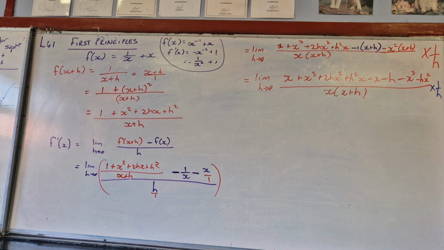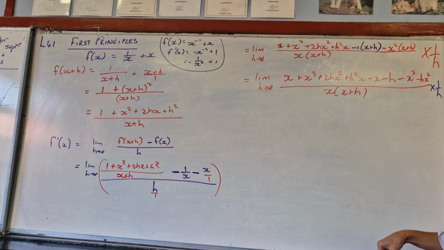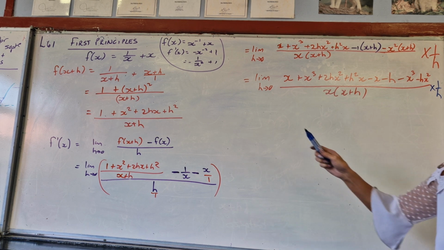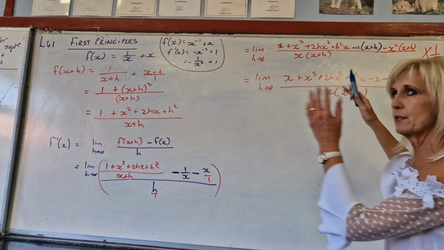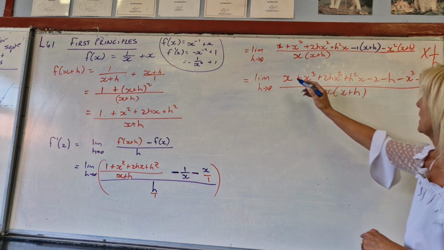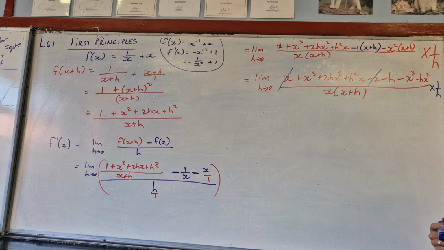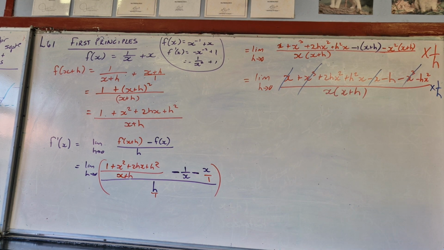Now I can simplify by addition of like terms. The story that I taught you was, if I have how many terms? Two. Then after lots of simplification, 2 should cancel out with 2. So we've got the x and the minus x cancelling out, and the x3 and the minus x3 cancelling out with each other.